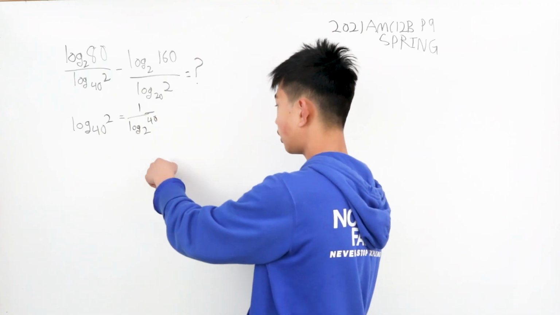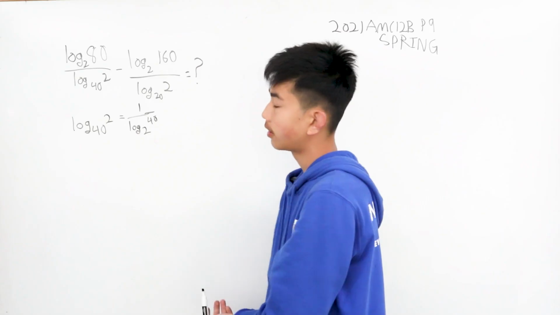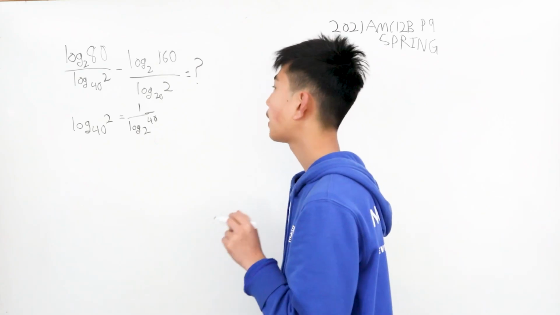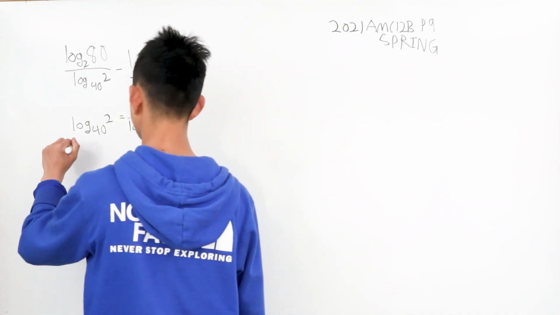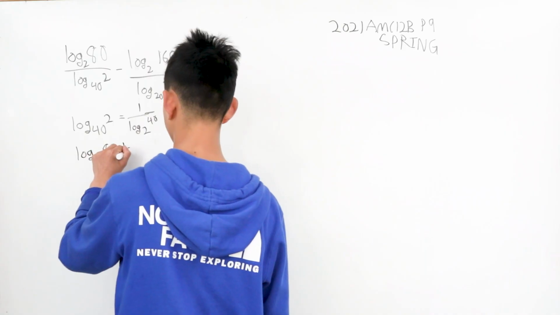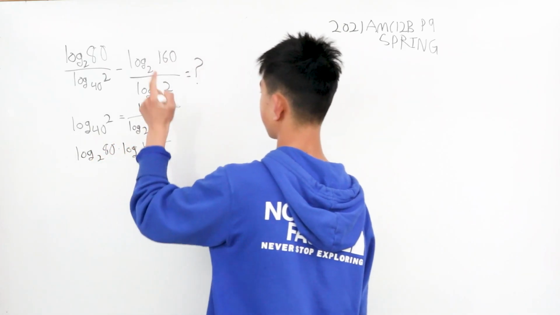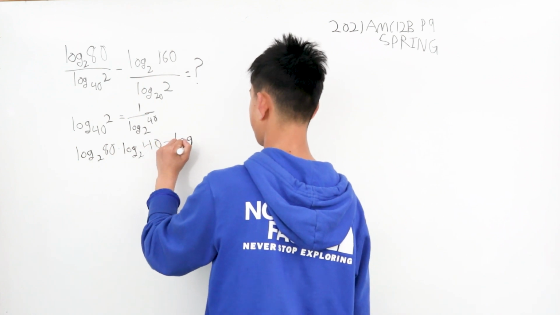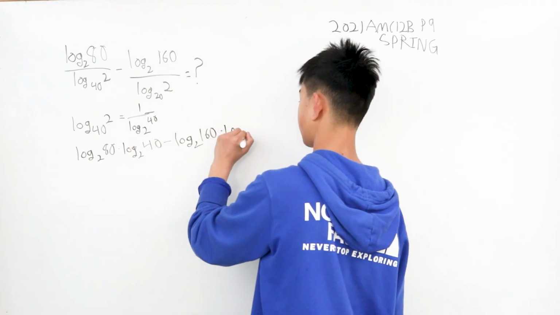When we take the reciprocal of a denominator, it just gets rid of the fraction. So then this whole thing just becomes log base 2 of 80 times log base 2 of 40 minus, we do the same thing here, log base 2 of 160 times log base 2 of 20.